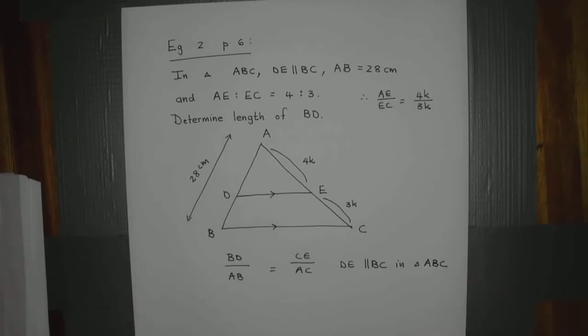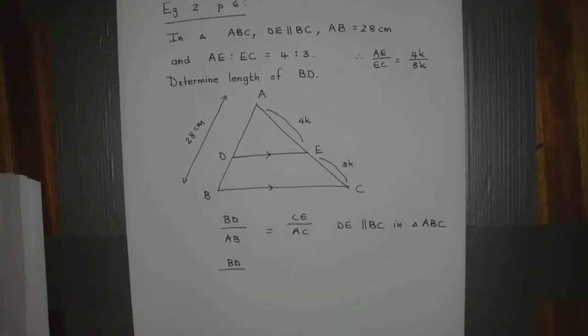Now I can go and I can put values in there. So I can start by saying BD is what I want, so I'll keep that BD. AB was given to me, AB is equal to 28, so I can substitute AB with 28. CE was equal to 3K. Please do not write down 3. It's not equal to 3, it's equal to 3K. That's why you need to put the K there.